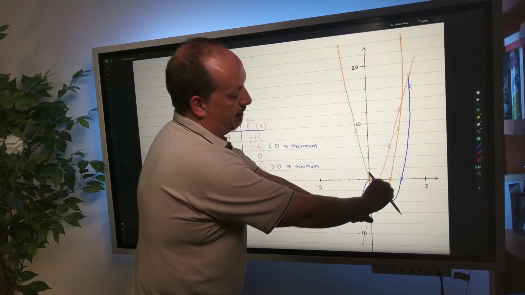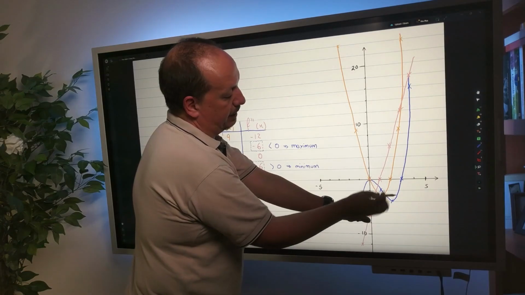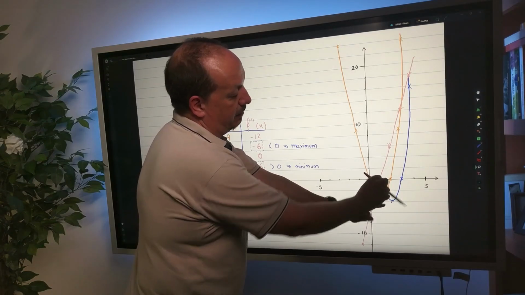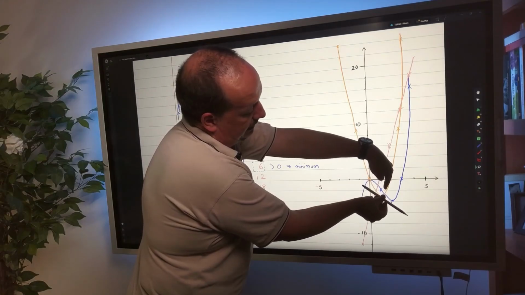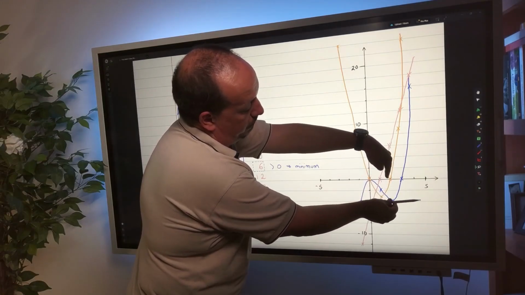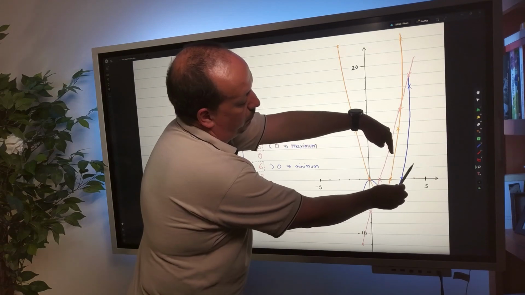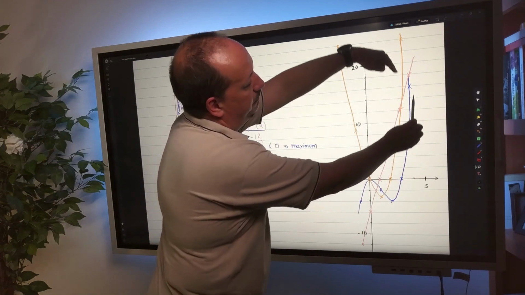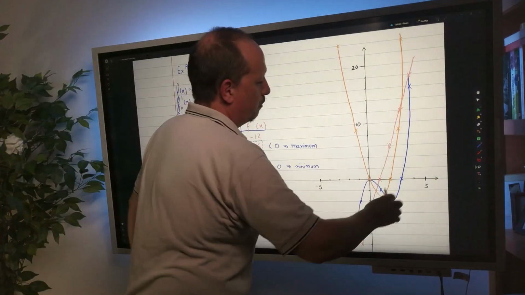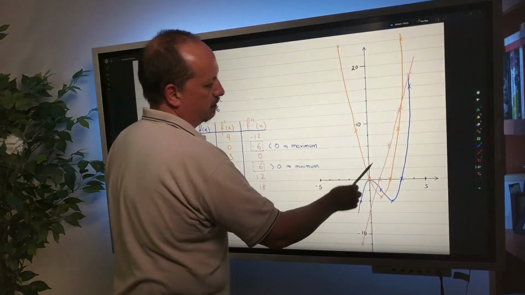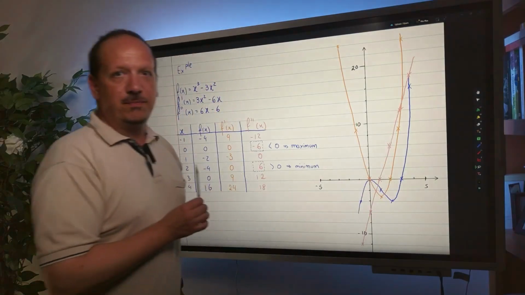Here is the maximum negative value that it gets. Now it's still negative, but getting less negative. Over here is 0, and starts then getting more and more positive. Did you just see how this represents what is happening to the gradient of the original function?